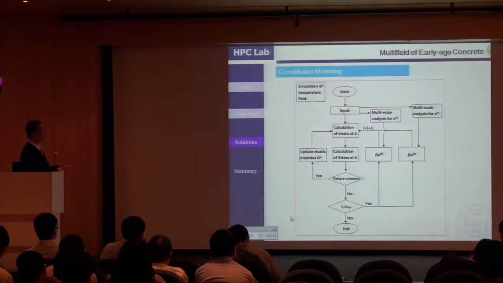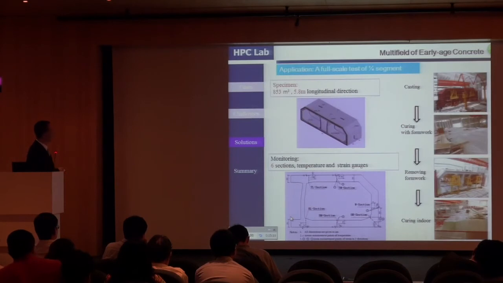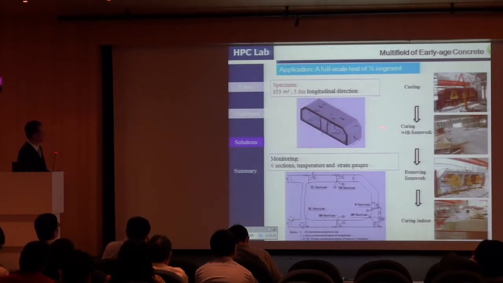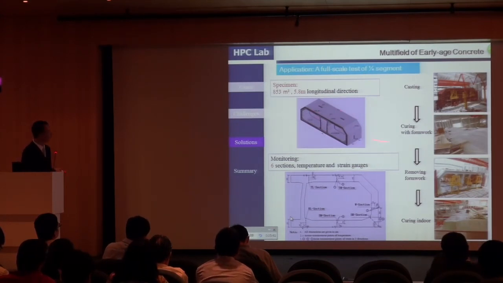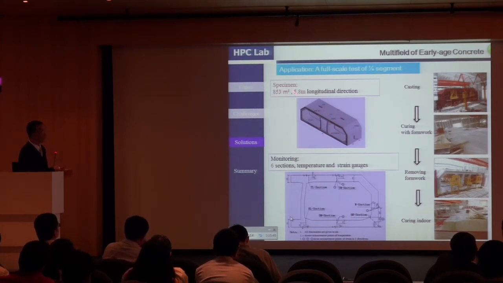With those parameters, we can start the simulation of the whole process with the traditional finite elements. This one shows the full scale test of a specimen of 853 cubic meters for the whole segments. This figure shows the measurement of the whole process.